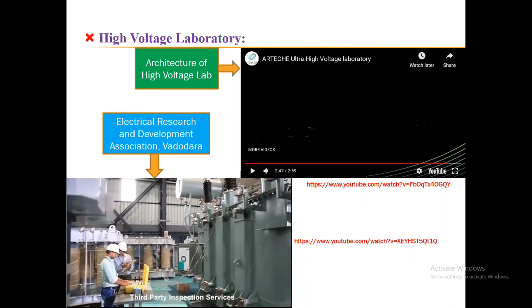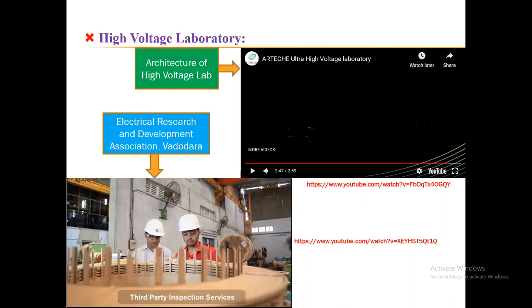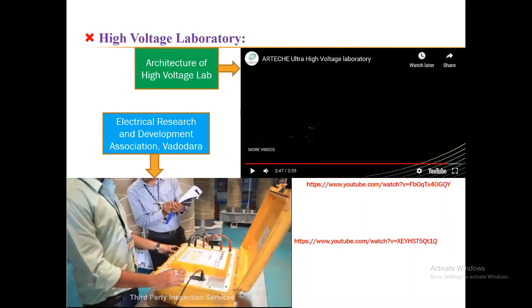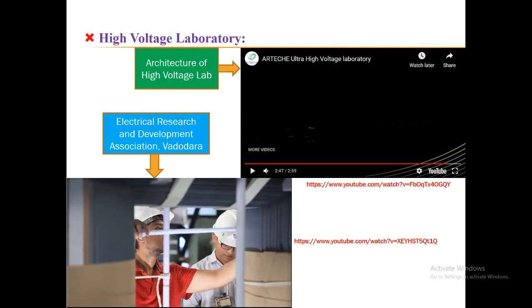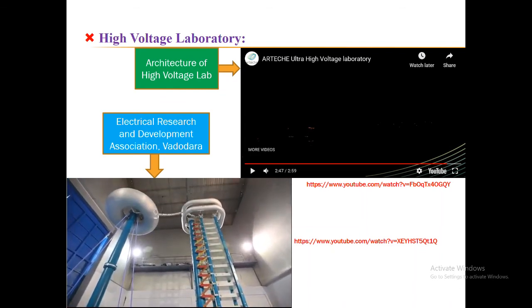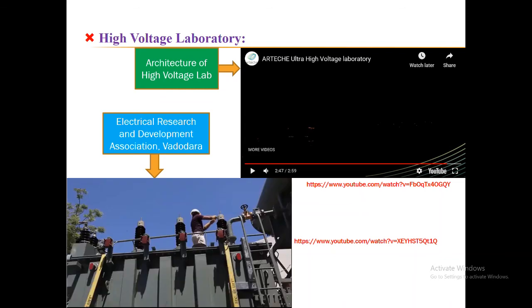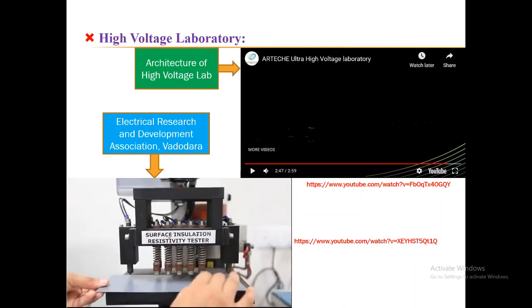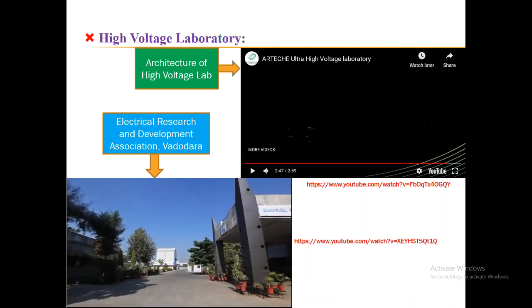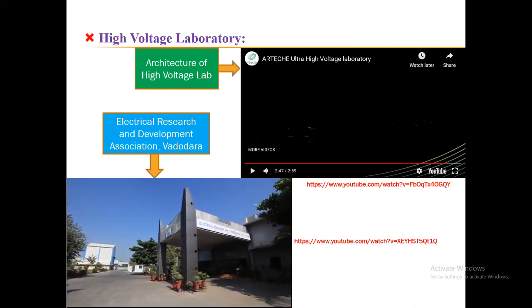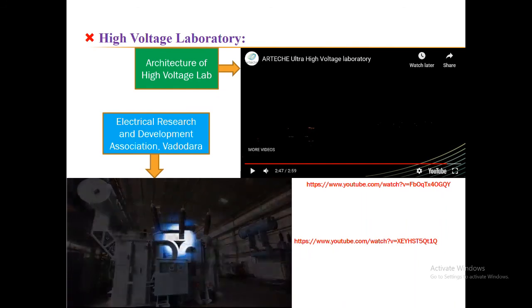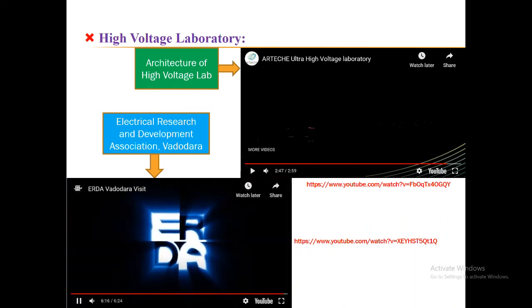The inspection wing of ERDA carries out third-party inspection of transformers and accessories on behalf of utilities. Over the years, ERDA has been consistently serving the transformer industry and utilities by providing timely and accurate test results. We are committed to provide quality services by continuous augmentation of our facilities as per emerging technology trends.